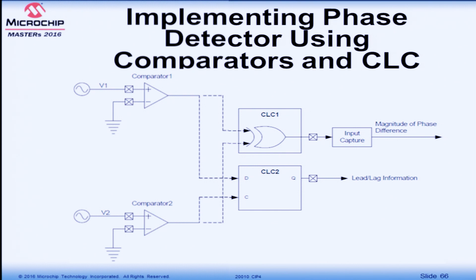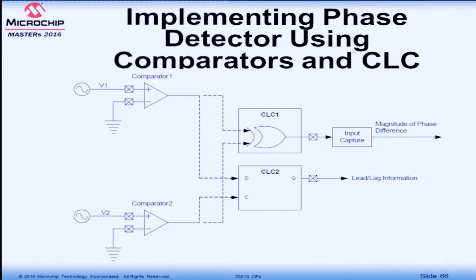So, here we are using the AND-OR mode to generate an XOR function. That is simple: A and B bar, or A bar and B. So, you just need to complement one and feed it into an AND gate, and then the reverse polarity is on the other one and then OR it. So, that will end up generating an XOR gate.